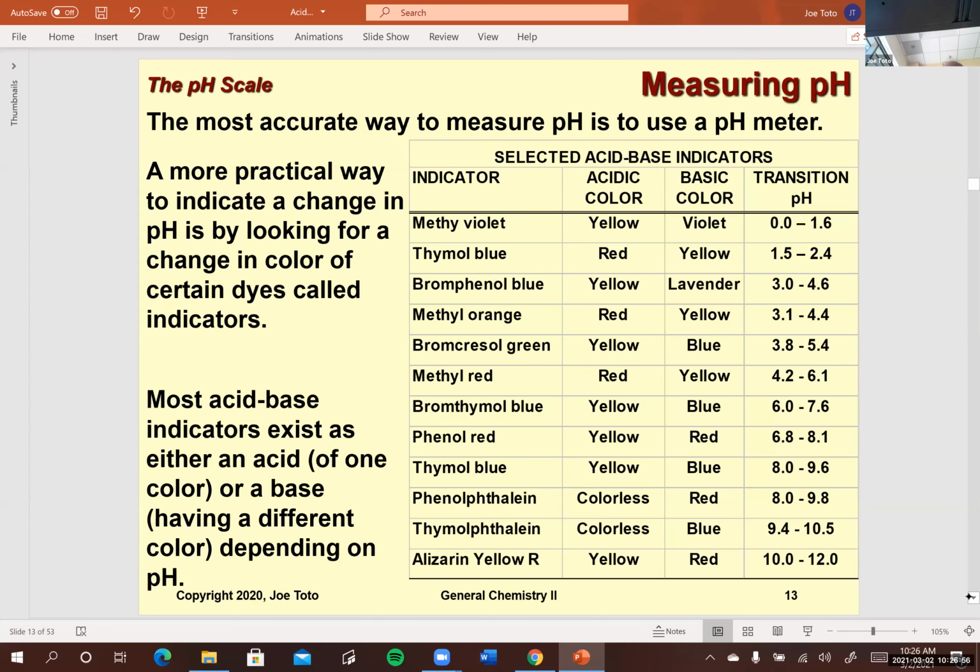Now, how do we measure pH? The easiest and probably the most accurate way to measure pH is with a pH meter. But that depends on how good that pH meter is. Research grade pH meters could cost $20,000 or more.